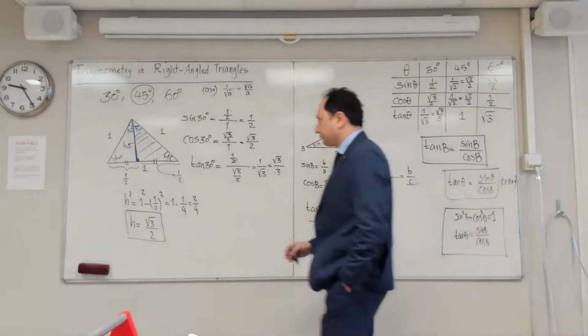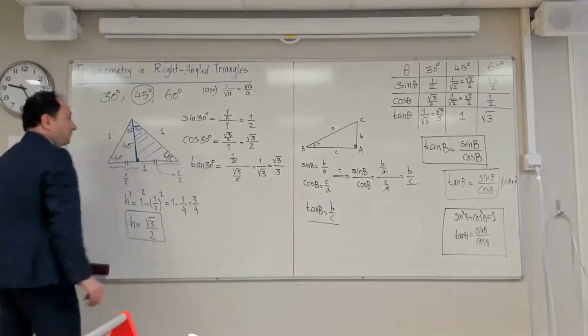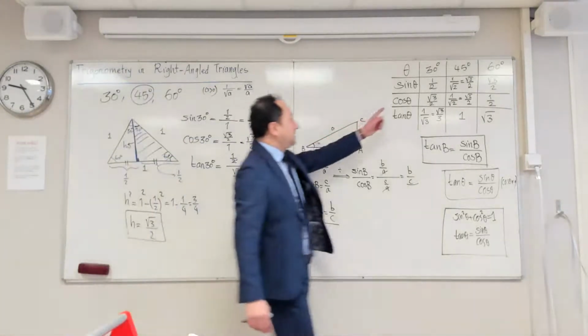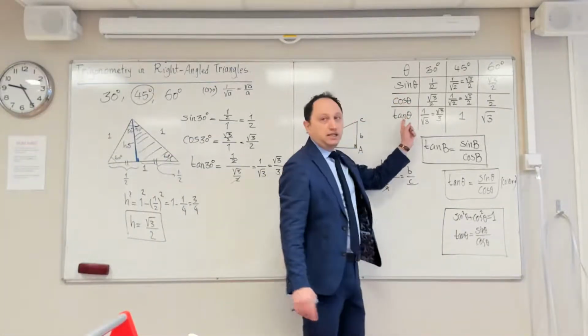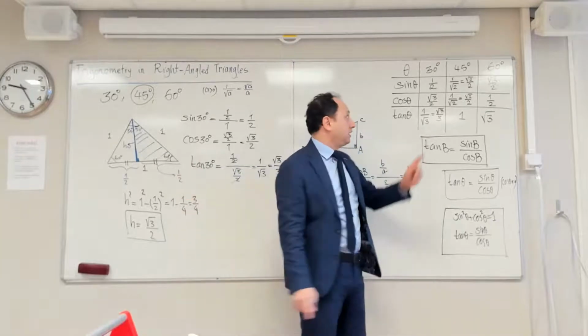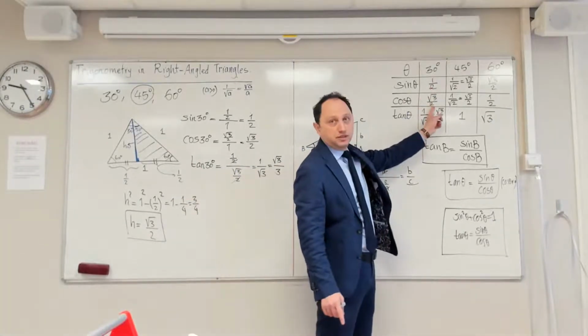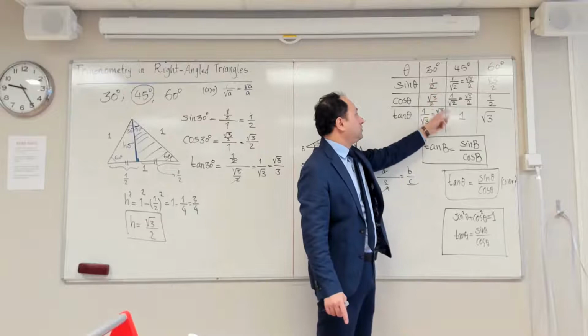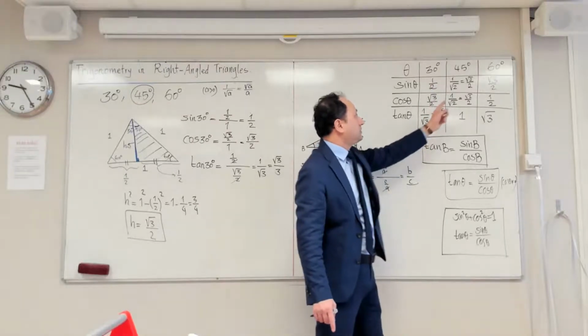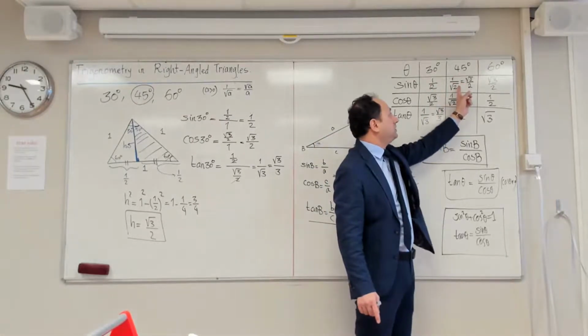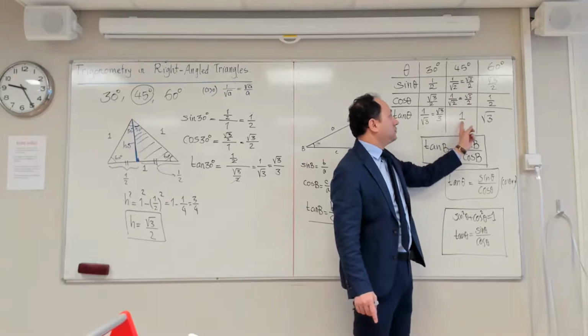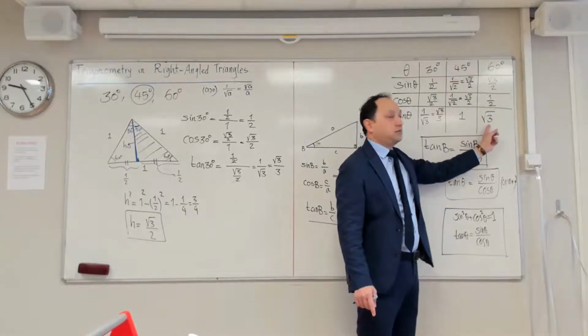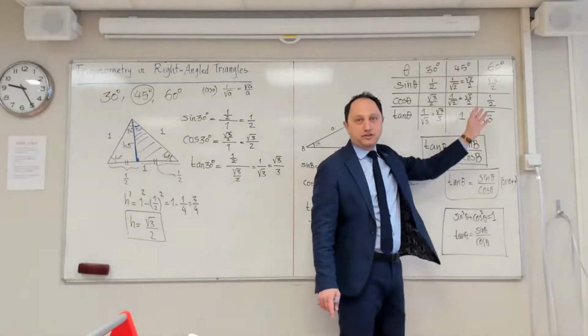Memorize them. Okay, so here, if I calculated sine and cosine, I didn't need to do it using triangle. I just simply divide them. 1 over 2 divided by that, 2 and 2 are cancelled, I get this number. You see here, 45, I divide this number by that number, I get 1. I divide this number by that number, I get square root of 3. So that's very simple.